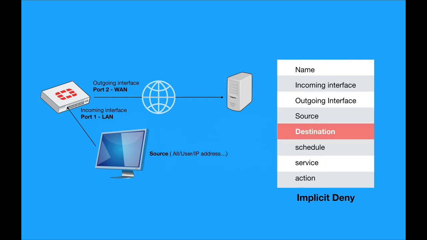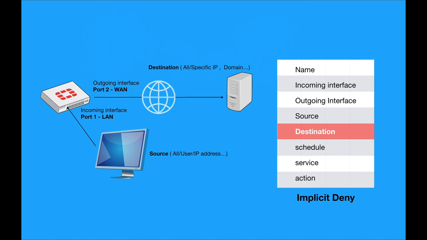Another criteria is the destination. What is the destination that your traffic is heading towards? It can be any destination, that is any IP address out there. It can be a specific IP that you can configure, or it can be a domain, or maybe an internet service, an Amazon service.